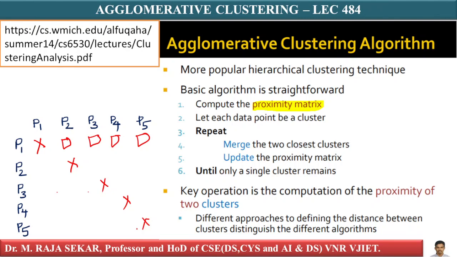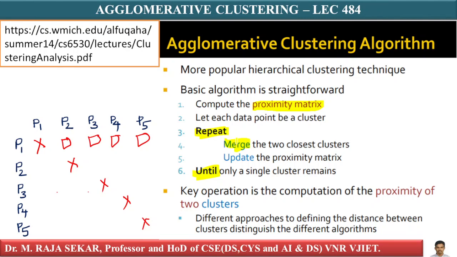But once you have the proximity matrix, each data point is a cluster unto itself. Then you have the loop here. Just observe, we have a loop here. What is that loop? Repeat until, isn't it? You have a loop which says merge two closest clusters.